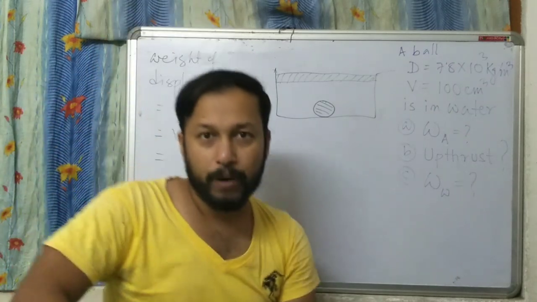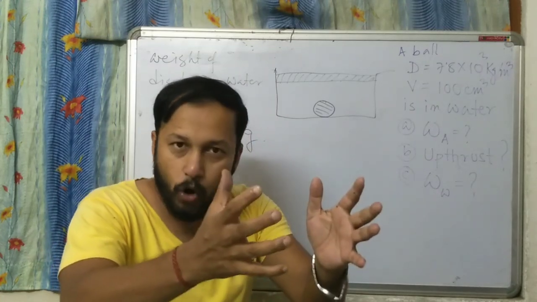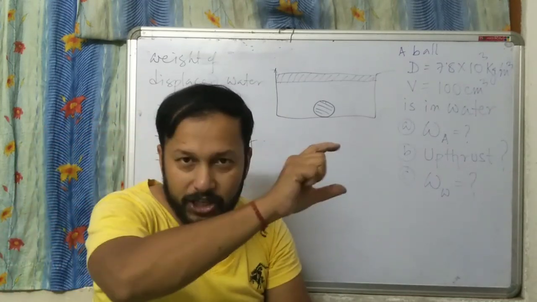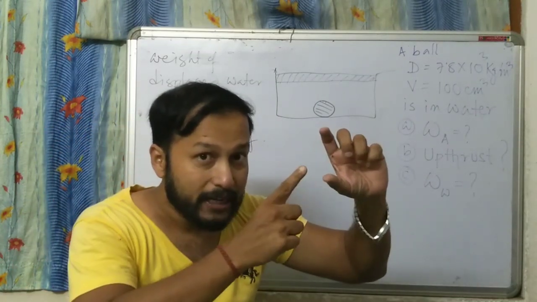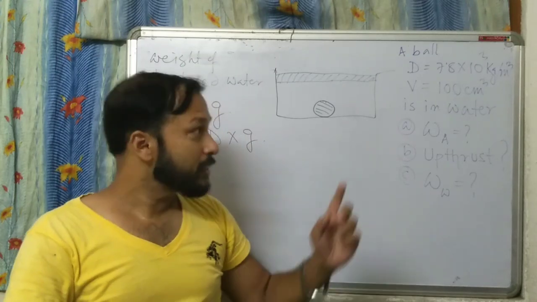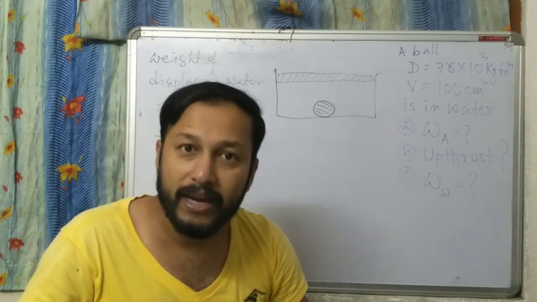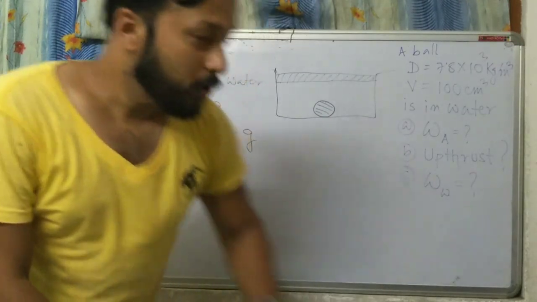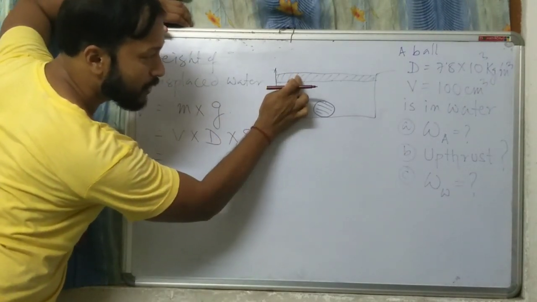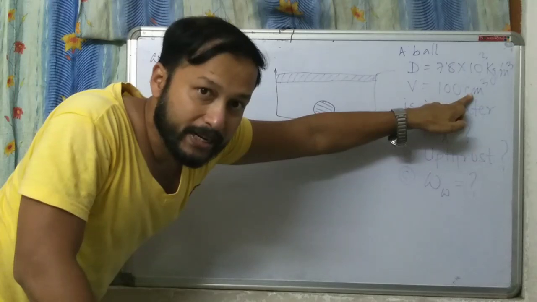We discussed in the first part of Archimedes principle that when you immerse an object in liquid, the volume of the displaced liquid and the volume of that object become the same. So the volume of displaced water and the volume of this ball will be the same, that is 100 centimeter cube, converted into meter cube.